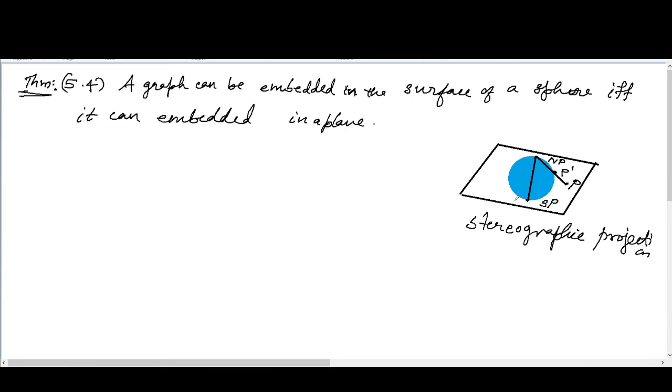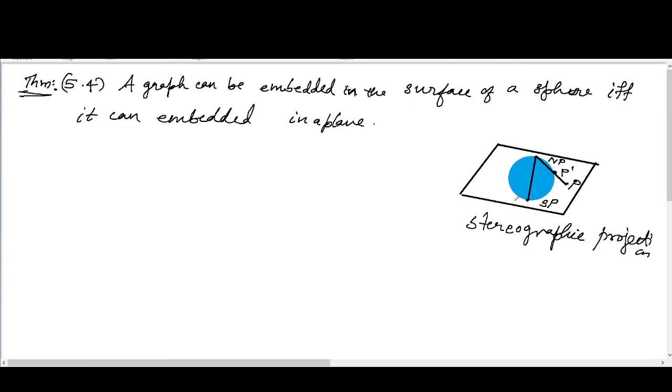Now, corresponding to any point P on the plane, there exists a unique point P dash on this sphere and vice versa, where P dash is the point at which the straight line from point P to the point NP intersects the surface of the sphere. Thus, there is a one-to-one correspondence between the points of the sphere and the finite points on the plane. And the point at infinity in the plane corresponds to the point NP on the sphere.